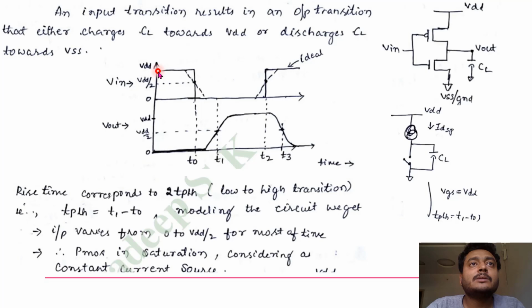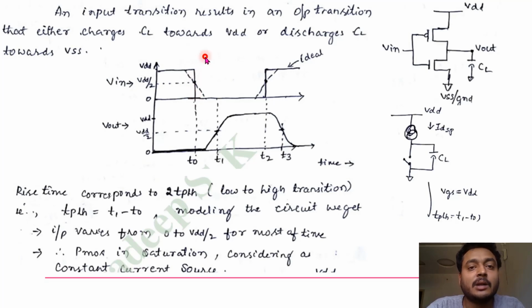Ideally, this is my input transition: I make it go from high to low for this duration, and low here, and again high. But when you consider the practical case, the waveforms will not abruptly fall to 0 or abruptly rise to VDD.